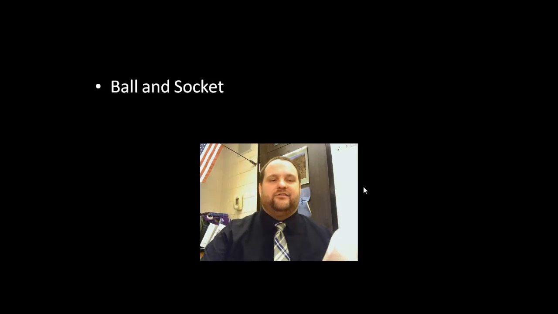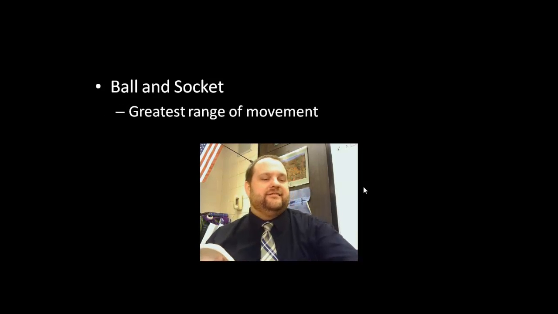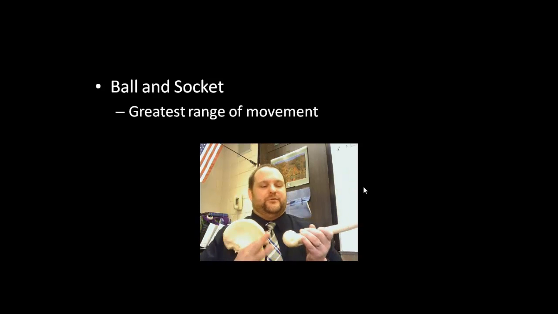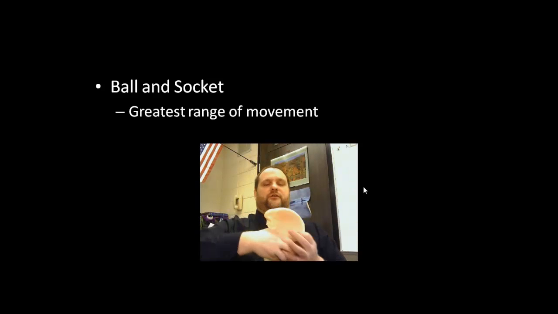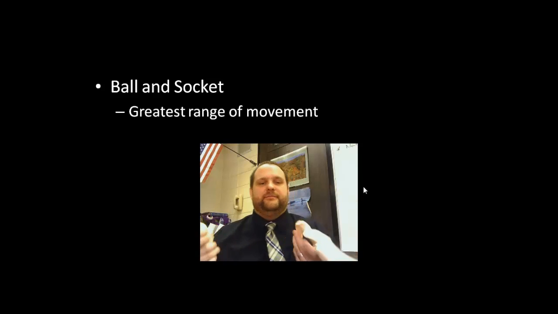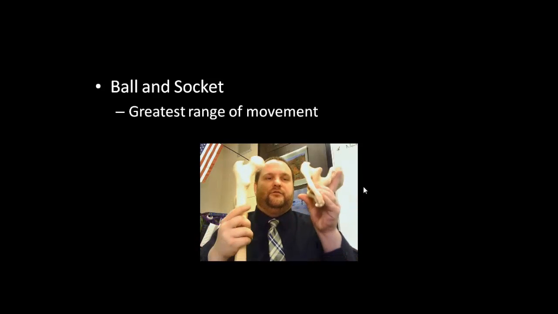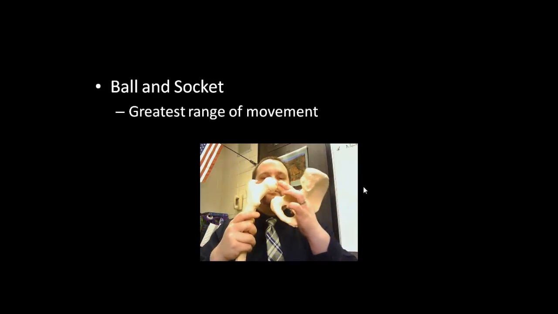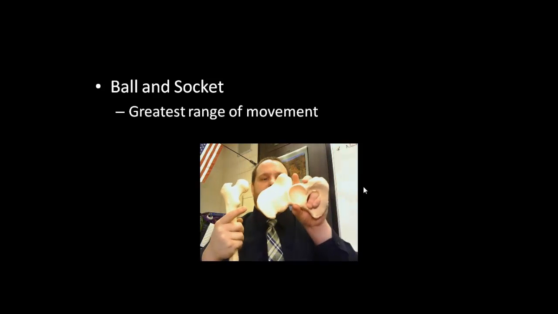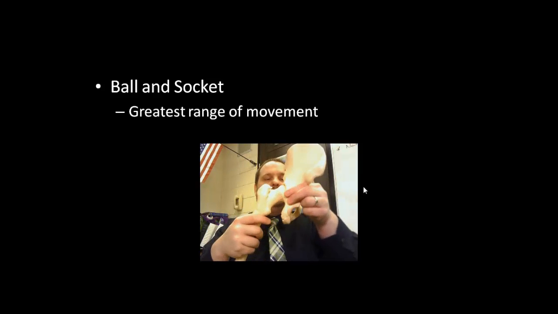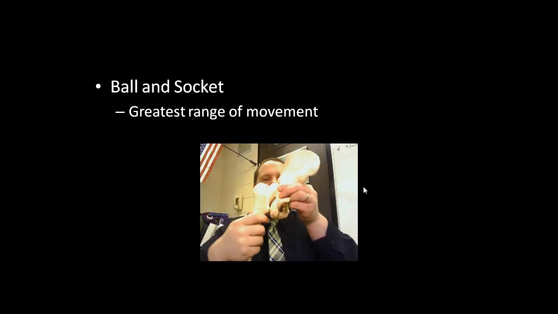Another type of joint that we see very frequently is a ball and socket joint. A ball and socket joint allows the greatest range of motion. Here's a pelvis bone, and right here's a femur. This part here would be the ball, and right here in our pelvis bone is the socket. And where these bones come together, we have that ball and socket joint.